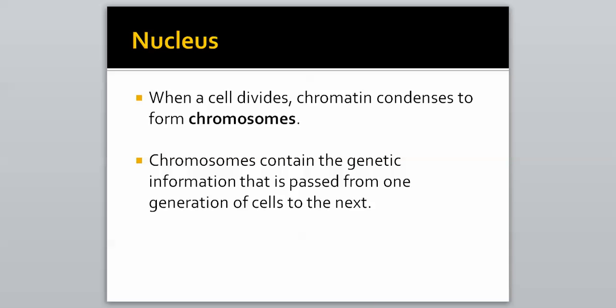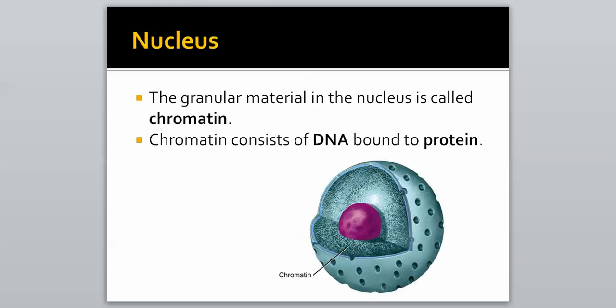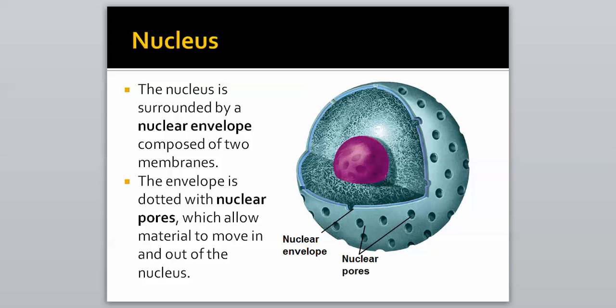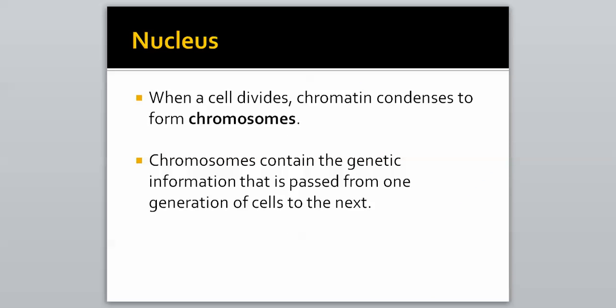So the chromatin is going to turn into chromosomes when the cell is ready to divide. And if you remember, the chromosomes contain the genetic information that is passed from one generation of cells to the next. So we've already talked about four different things just in the nucleus: chromatin, nuclear envelope, nuclear pores, and chromosomes. So again, we'll try to keep all this straight. That's why we're going to take it one thing at a time here.